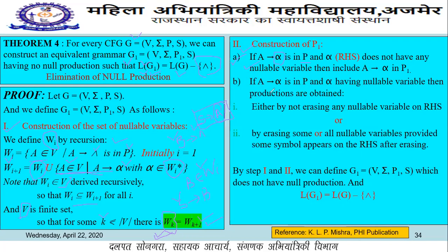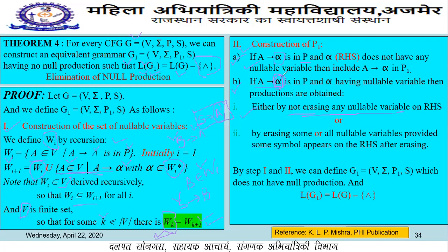Next, suppose A tends to alpha is in our P and alpha has nullable variables. In that case we obtain new productions by eliminating or erasing any nullable variables on the right hand side. It means we can erase any nullable variable which is available on the right hand side in this alpha, or not erase any nullable variable on the right hand side.